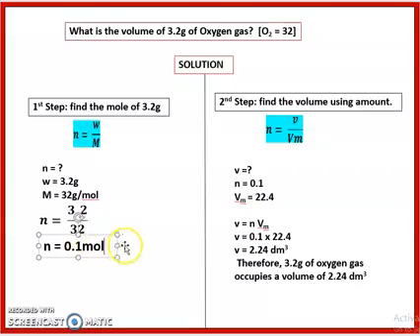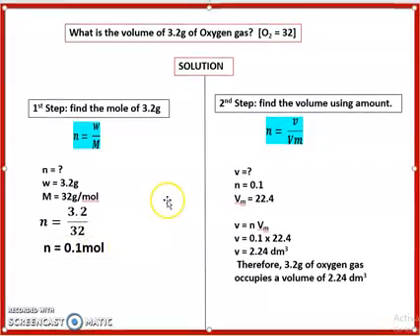So now that we know the amount of the substance, the second step now is to find the volume occupied by that amount. Because 3.2 grams has mole of 0.1. So the question is, what volume will this 3.2 grams occupy? So from this formula, N equals V over molar volume.